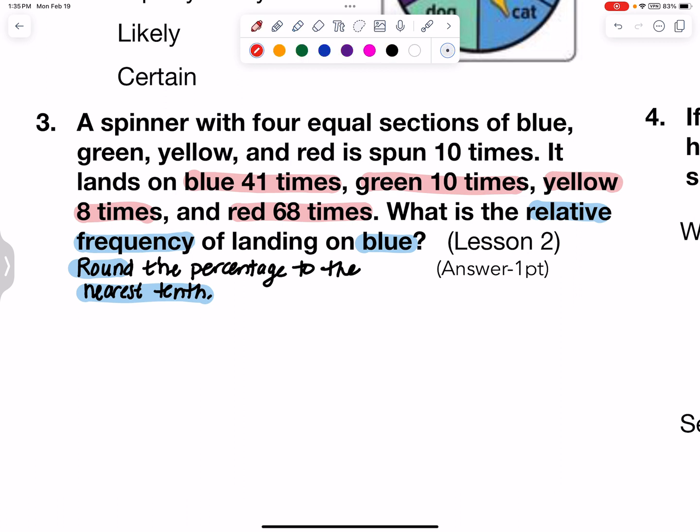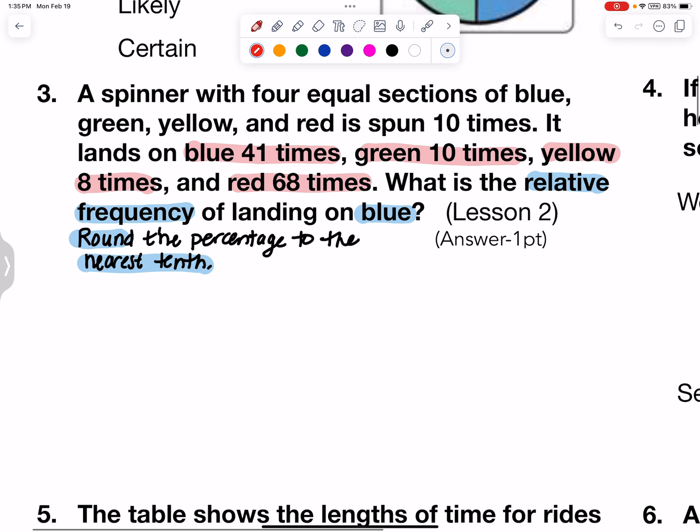All right, so when we're talking about just what is relative frequency, we don't need to write that probability notation. We just write the fraction, decimal, or percent, but we do need to round to the nearest tenth. Okay. So relative frequency of landing on blue, it says blue is 41. So it's 41 out of how many times did we run the experiment?